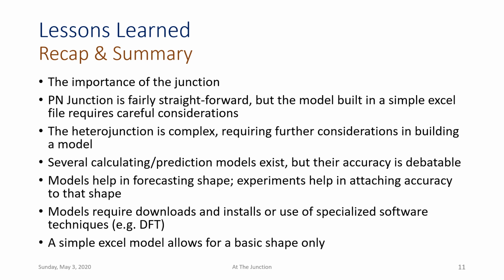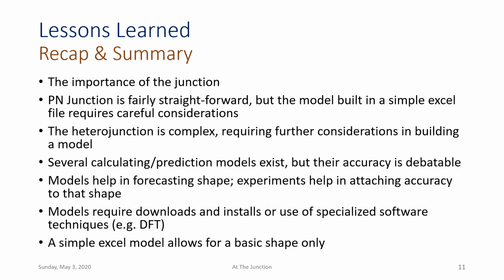And the models help in forecasting the shape, but it is the experiments that help in attaching accuracy to that shape. There are several models that require downloads and installs or use of specific software techniques such as DFT.